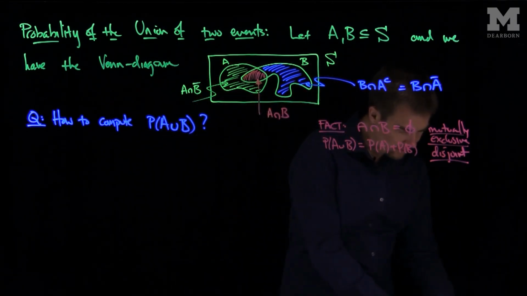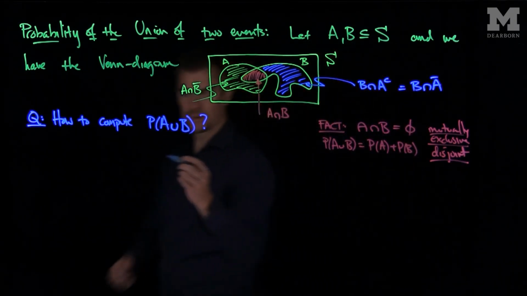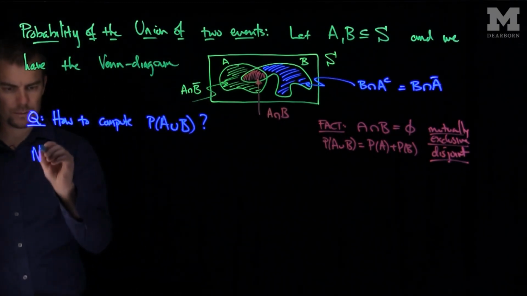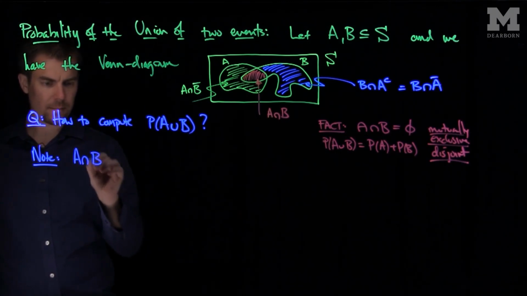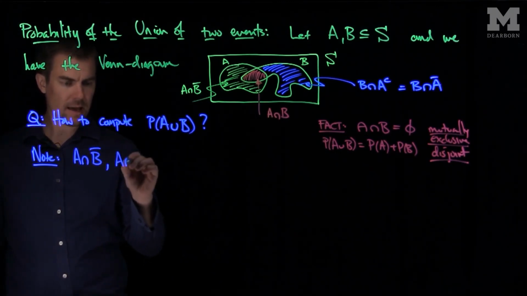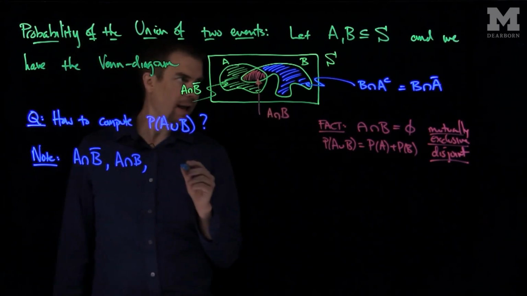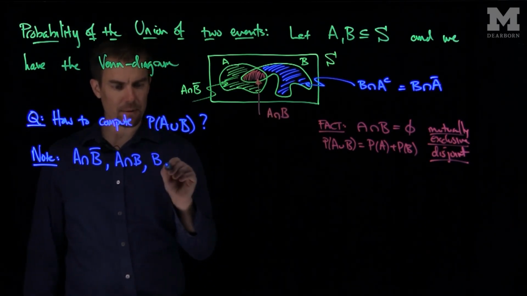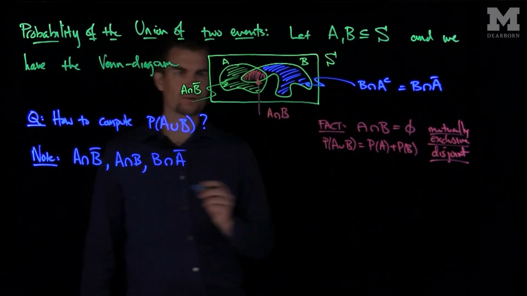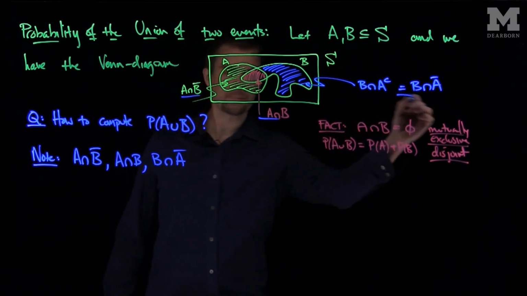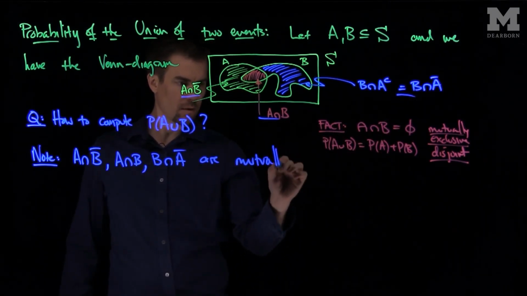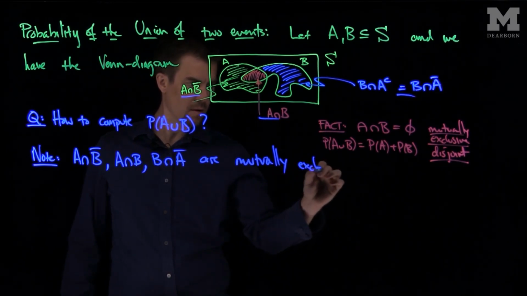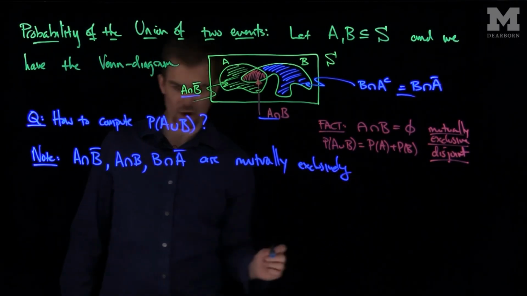But what we can do now is we can say, okay, well, these sets, note, A intersect B complement, A intersect B, and B intersect A complement, the three parts over here, this part, and this part, are mutually exclusive or disjoint from each other.